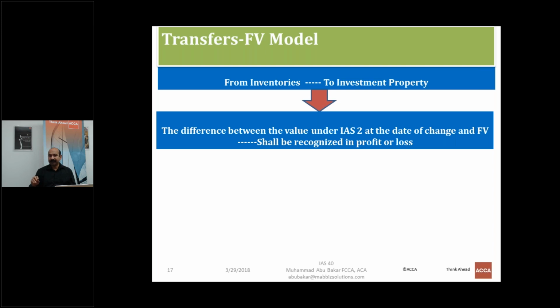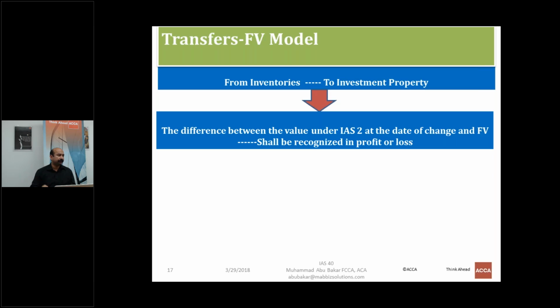Inventory will be credited with 10 million. Investment property will be debited with 12 million, and the difference of 2 million will be credited to the profit and loss. So I hope it should be clear.